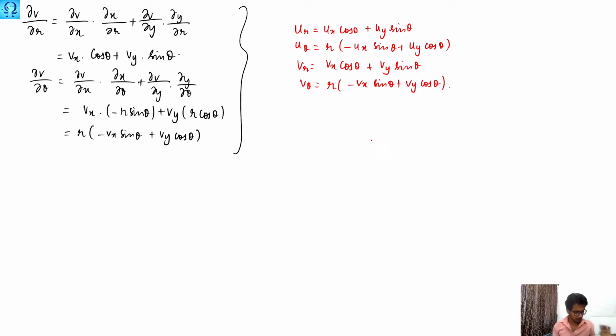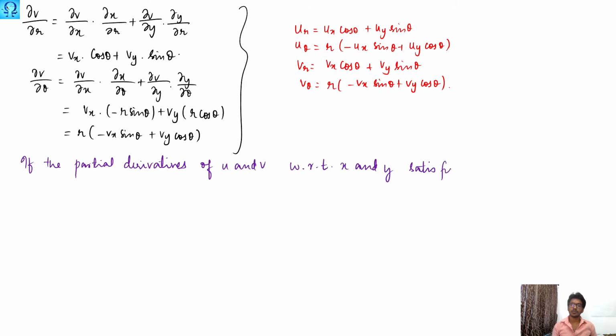Okay. Now we are going to impose an assumption that the partial derivatives of the functions u and v with respect to x and y satisfy CR equations.